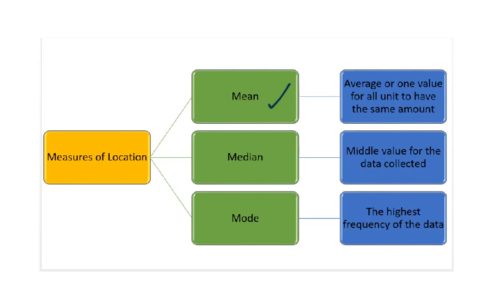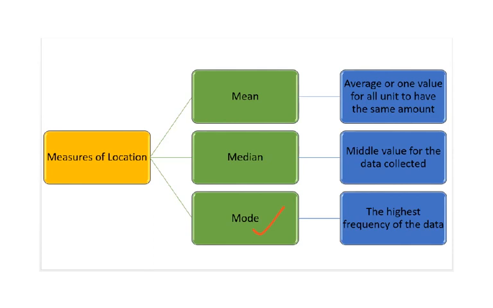The median is the middle value for the data that we collected. And the last one is the mode, which is the highest frequency of the data.